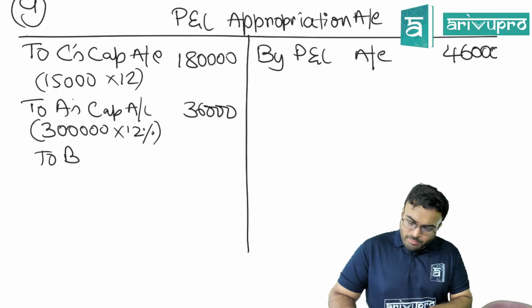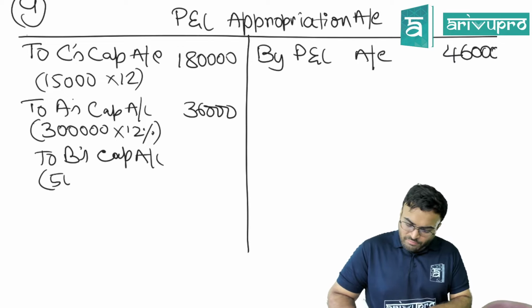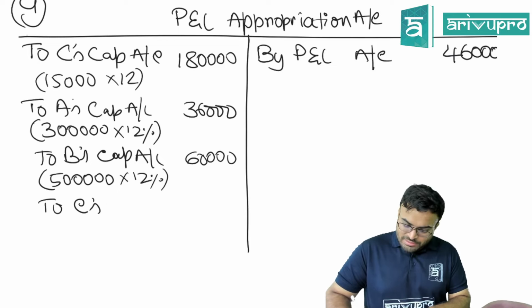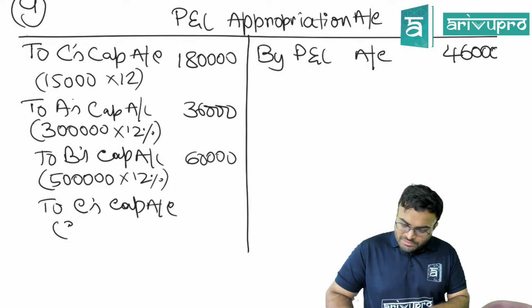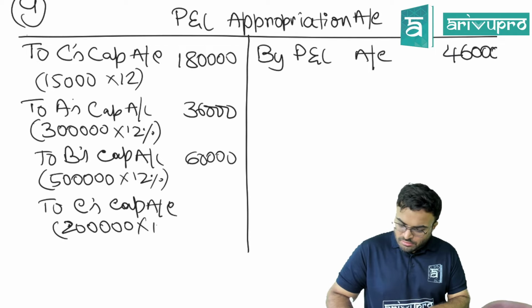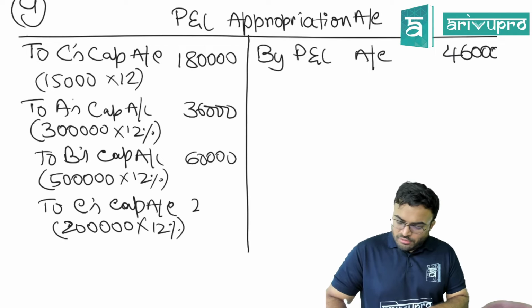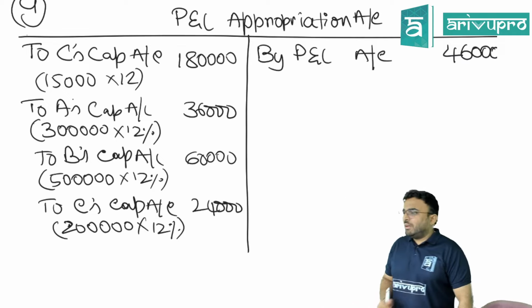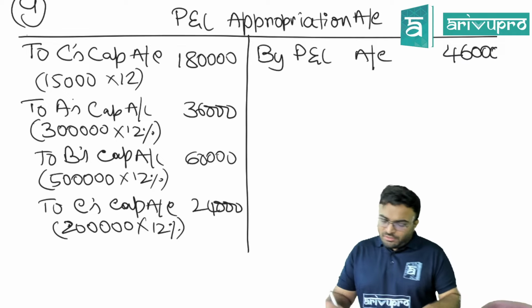To B's capital account, 5 lakh into 12%, 60,000. To C's capital account, 2 lakh, so 24,000. I don't think there is any confusion till here, interest on capital and all.